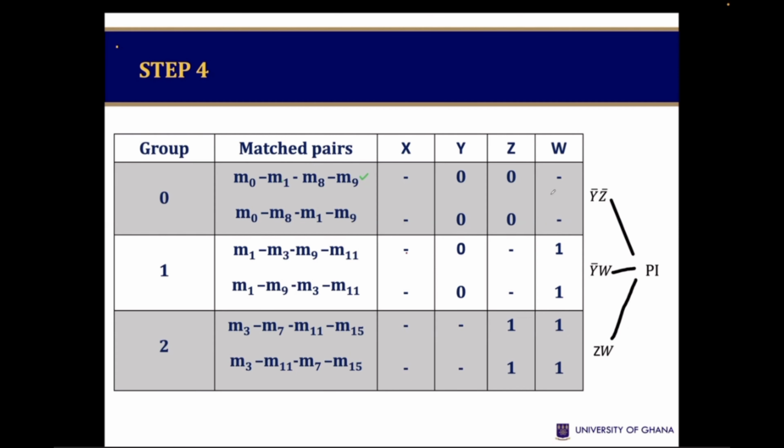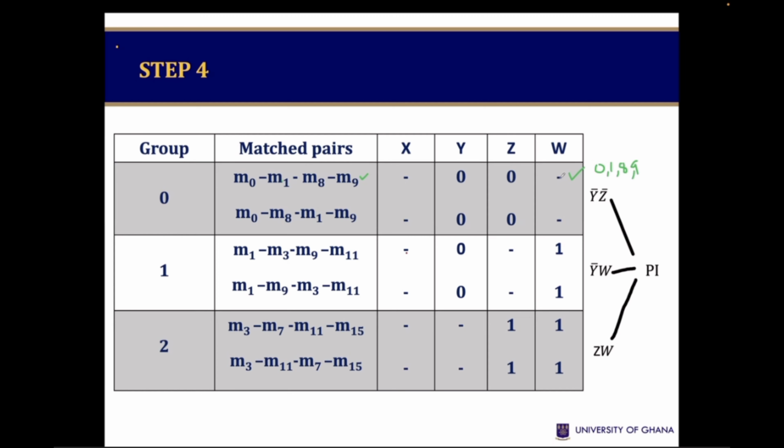Here, we are going to take only one of these min terms. So technically the min terms here are 0, 1, 8, and 9. Agreed? These are the min terms that correspond to this. And the output is also dash 0 0 dash.